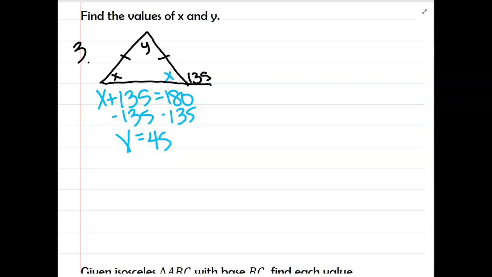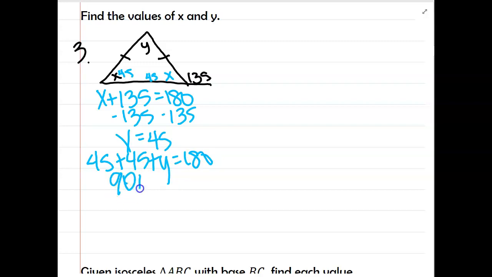So I have x, but if I know x is 45, and this is 45, how am I going to find y? So 45 plus 45 plus y equals 180, because all of the angles in a triangle add up to 180.